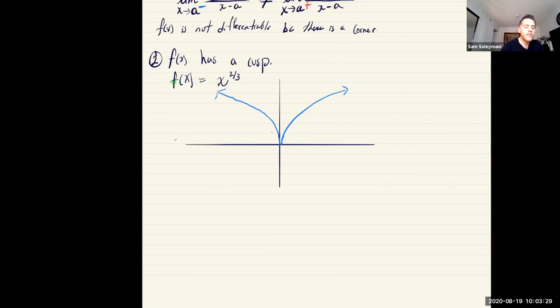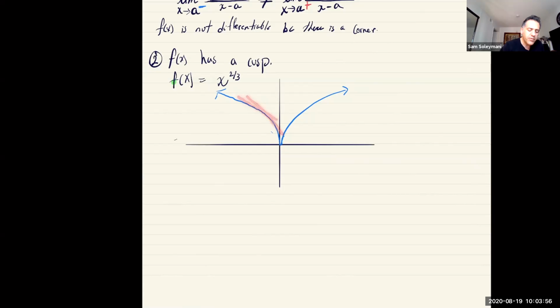So what's happening here is that when you find the slope of the tangent line, let's say from the right of 0, that tangent line becomes more and more vertical. Not only that, but on the left of 0, it tends to do the same thing.